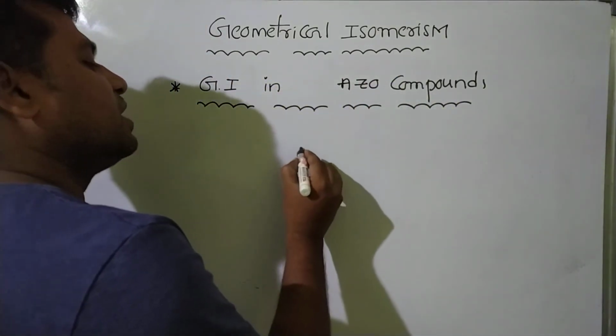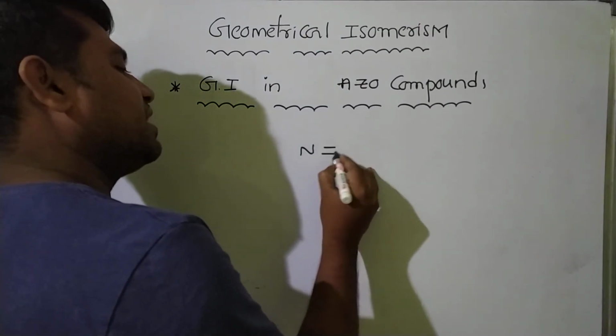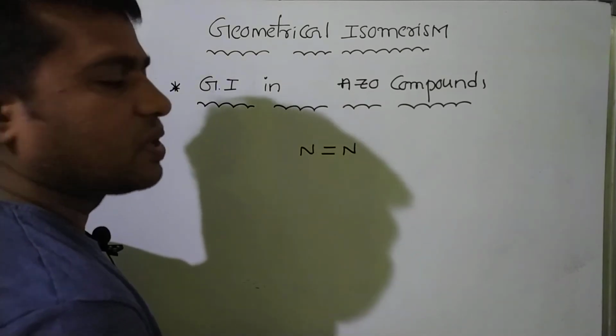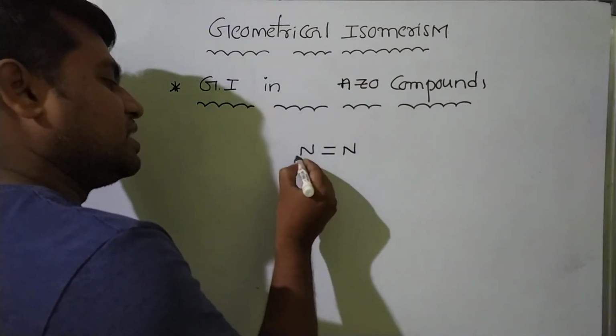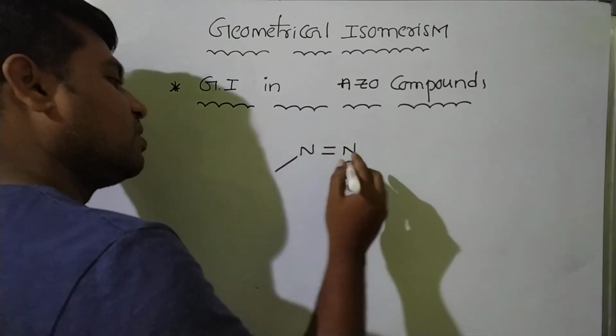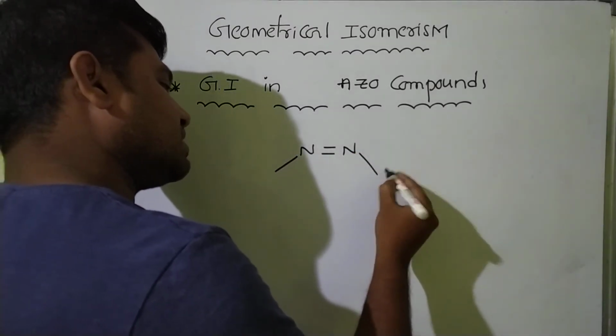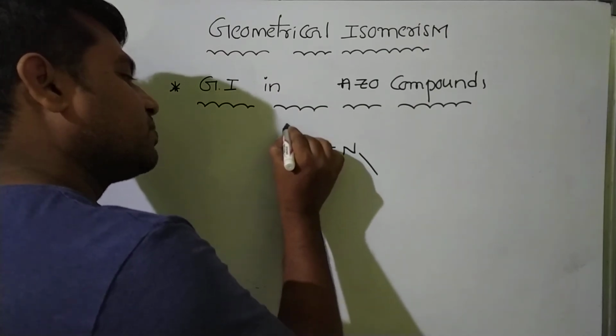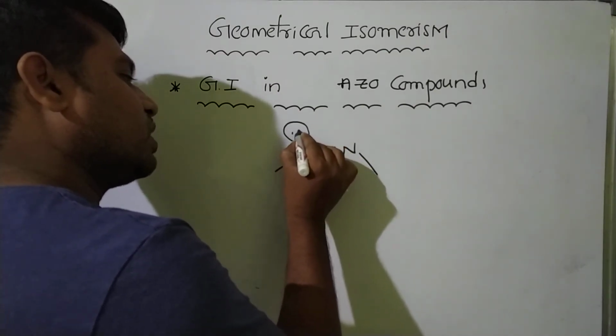An azo compound contains a nitrogen double bond. These are free valencies: this is one free valency and this is another free valency. Each nitrogen atom will carry one lone pair.